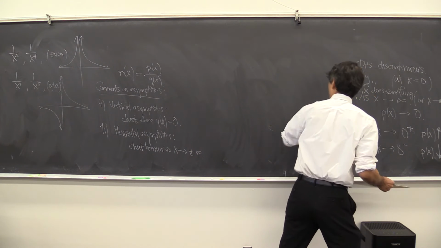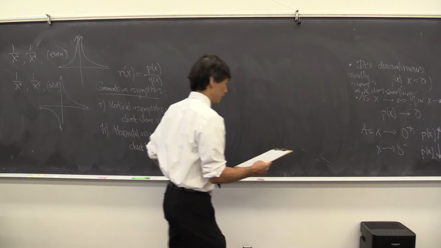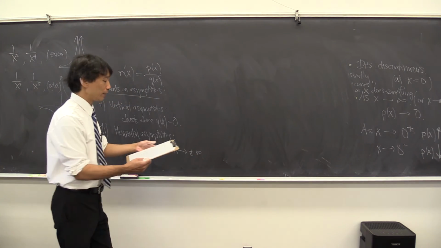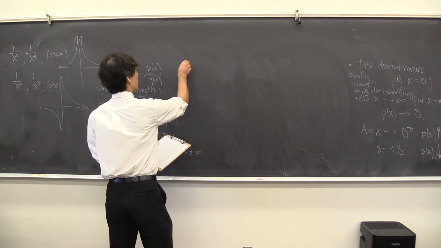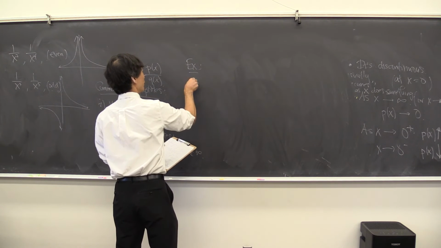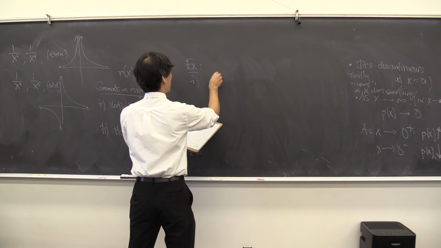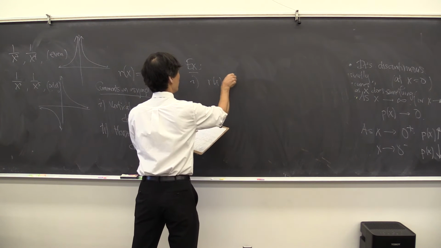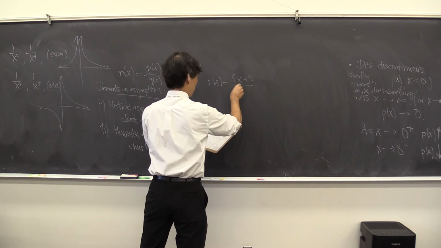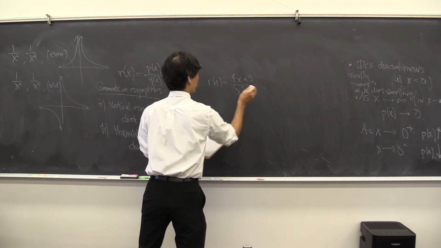Let me give you some examples. So first, let's say r of x is 4x plus 3 over x squared plus 3.